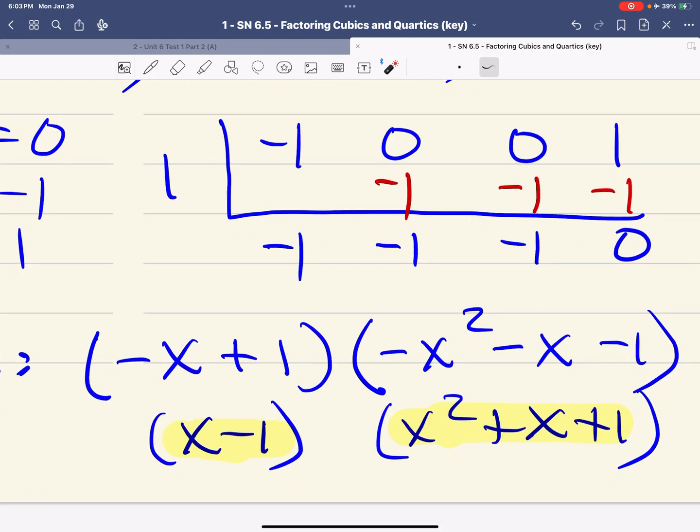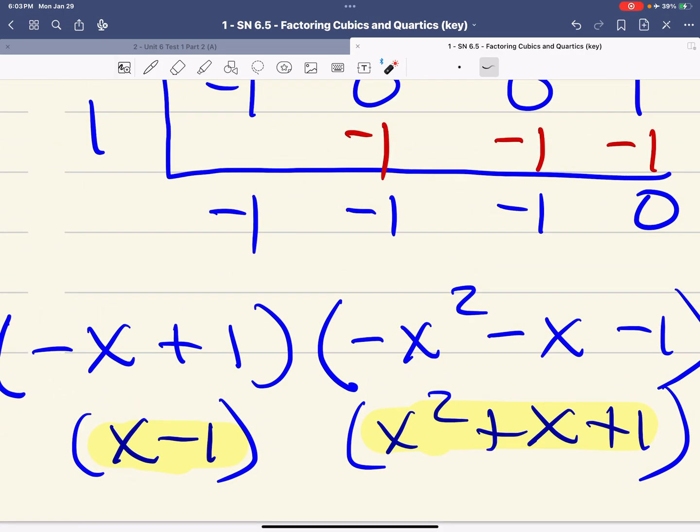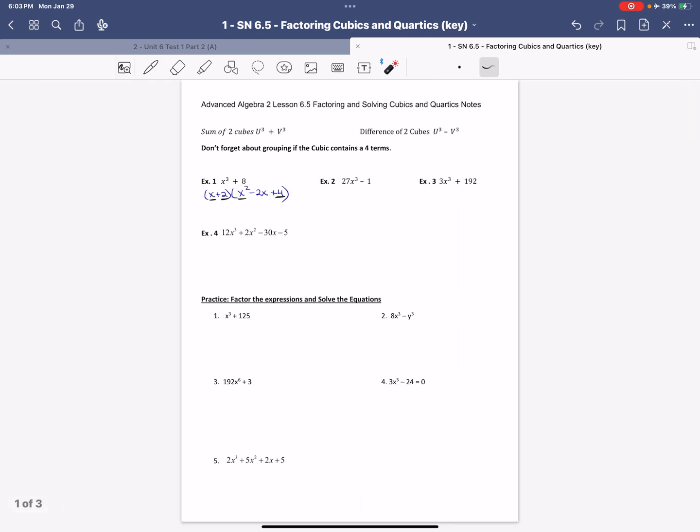And that last thing works down here too. Square x, you get x squared. Square negative 1, and you get positive 1. Then multiply negative 1 times x, and you get negative 1x. But if I subtract negative 1x, I get positive x. So that's the pattern we were looking for.